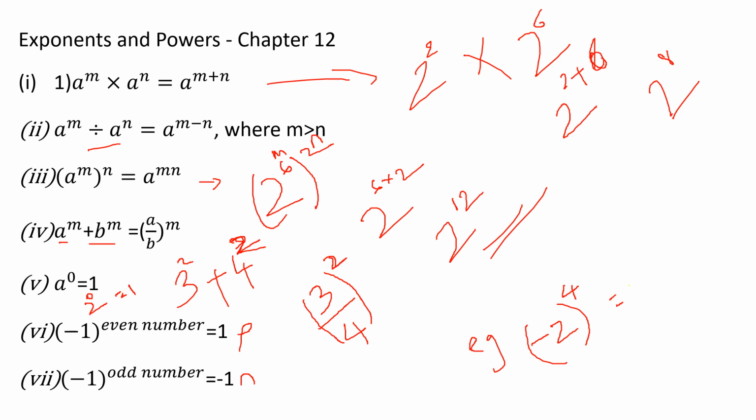So minus 2 the whole power 4 means we have to multiply minus 2 four times: minus 2 into minus 2 into minus 2 into minus 2. 2 twos are 4, 4 twos are 8, 8 twos are 16. So 16, a positive number, because a negative number with an even power always gives a positive answer.